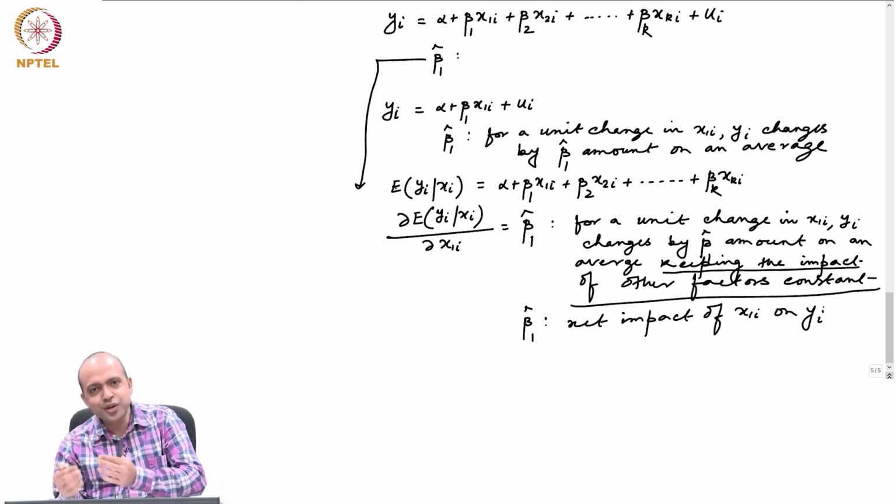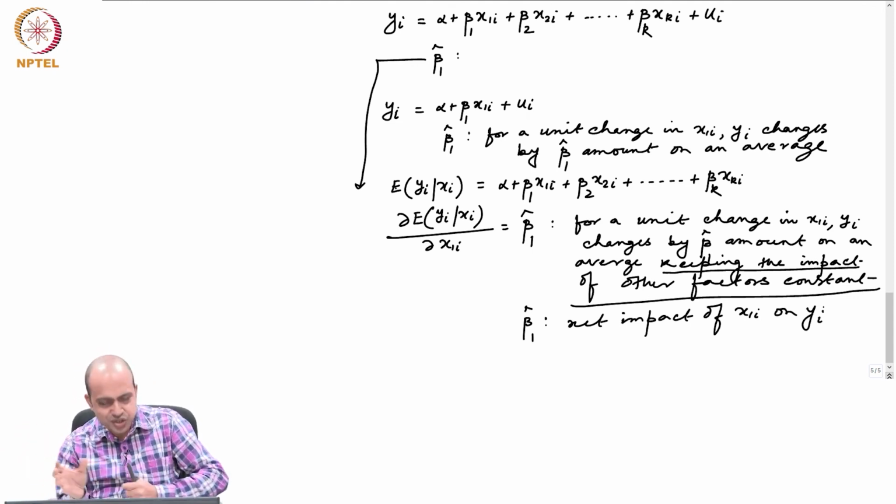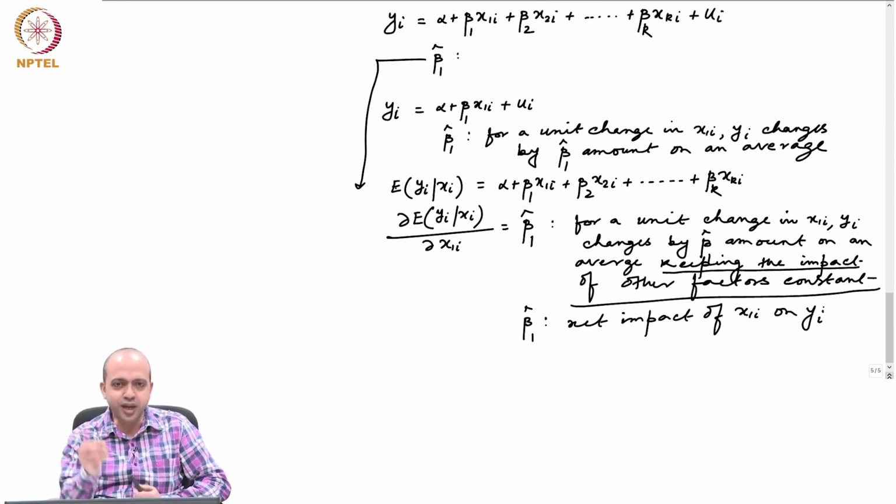Interpretation looks very simple: keeping the impact of other factors constant, the net impact of x1i on yi is given by beta 1 hat.